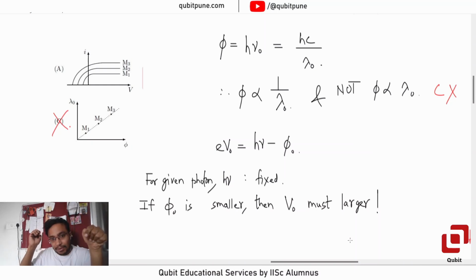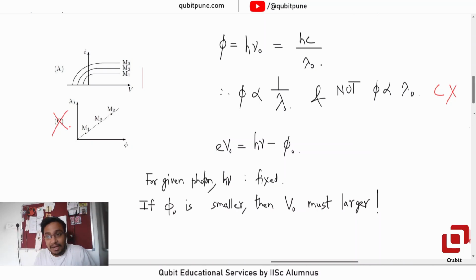If phi naught is smaller, then V naught must be larger, because the incident energy is h nu. A smaller portion of that is being utilized to overcome the Coulomb repulsion imposed by the atoms or the ions of the metals. Which means if a smaller fraction of the incident energy is utilized for that, a greater fraction will be available, and it will manifest itself as kinetic energy, that is eV naught. So greater the kinetic energy, greater the V naught.